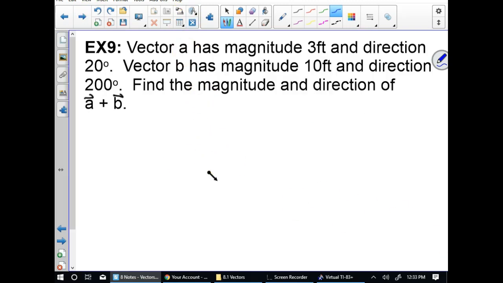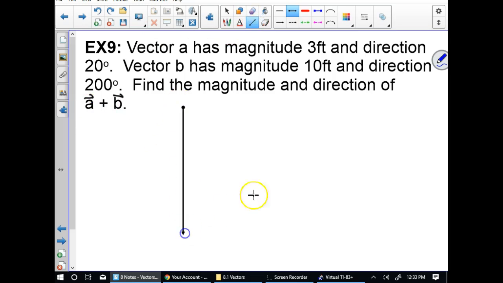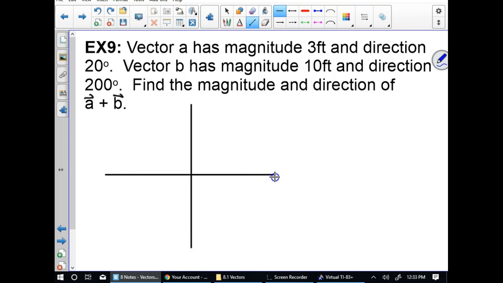Okay. Here is our last one that we're going to do. Vector A has a magnitude of 3 feet and a direction of 20 degrees. Vector B has a magnitude of 10 feet and a direction of 200 degrees. Find the magnitude and direction of A plus B. For this problem, we are not doing north, south, east, or west.